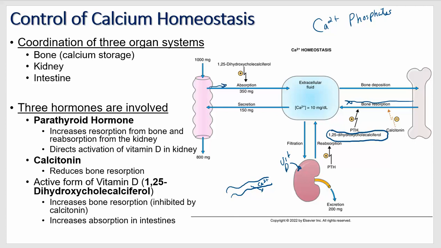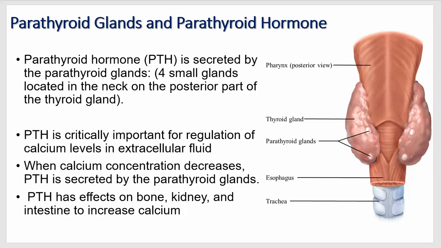So it increases bone resorption in the bones. It's inhibited by calcitonin, which we'll also talk about, and increases absorption in the intestines. Trying to keep all my absorption terms correct here. We could probably just use the same one for all of them, but they technically mean slightly different things.